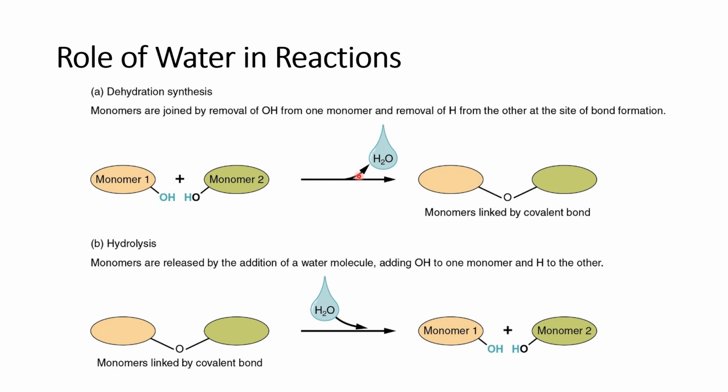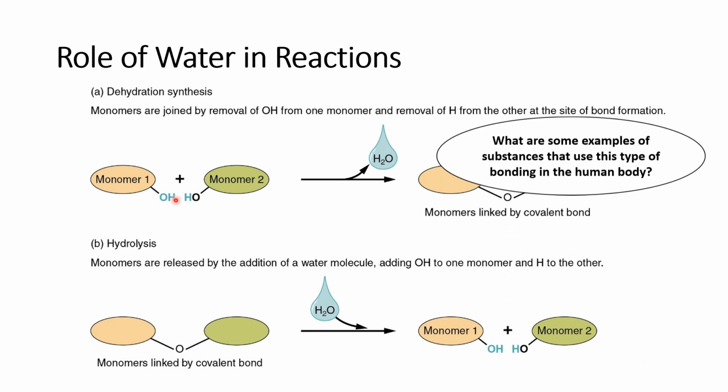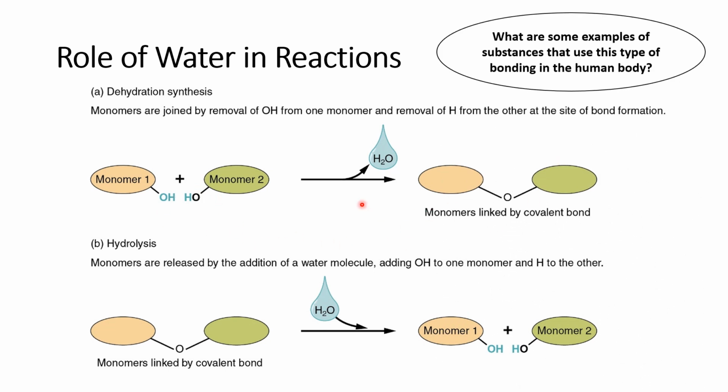So whenever water is removed in a reaction, we get building, which is anabolic, which is a synthesis reaction we learned. But in this case, since it's water providing the synthesis, we call that dehydration synthesis. Dehydration means simply losing water.